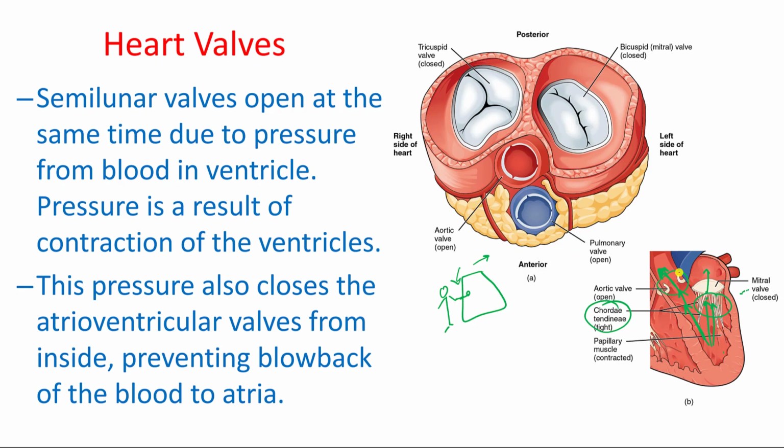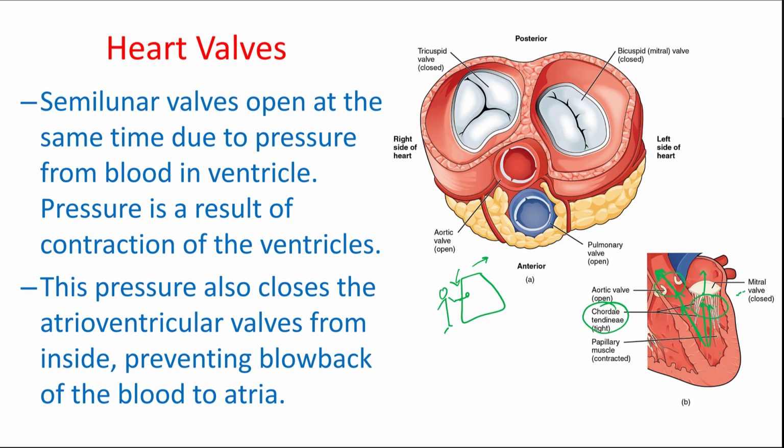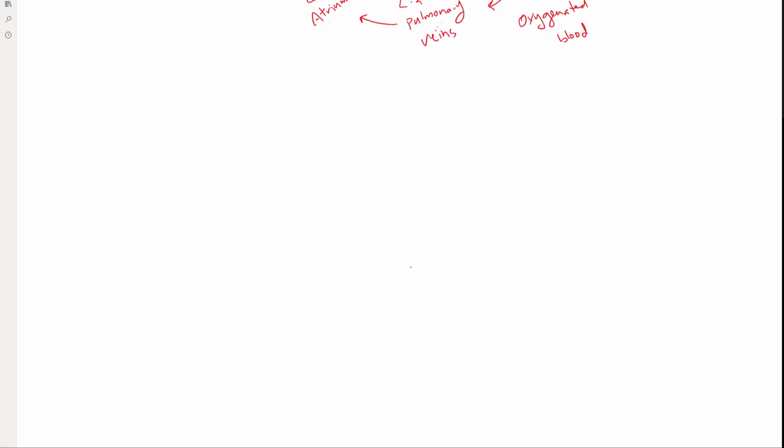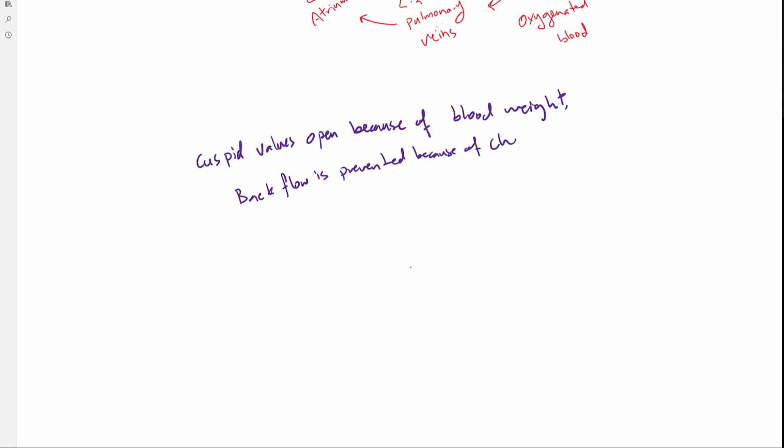So for the valves, you can write it. Cuspid valves open because of blood weight. Backflow in them is prevented because of the chordae tendineae. This is for the cuspid valves, both the tricuspid and the bicuspid.